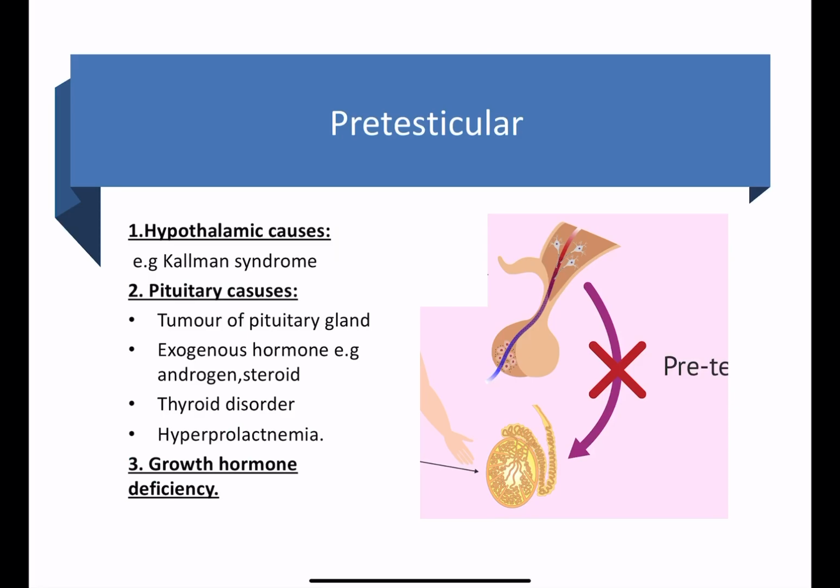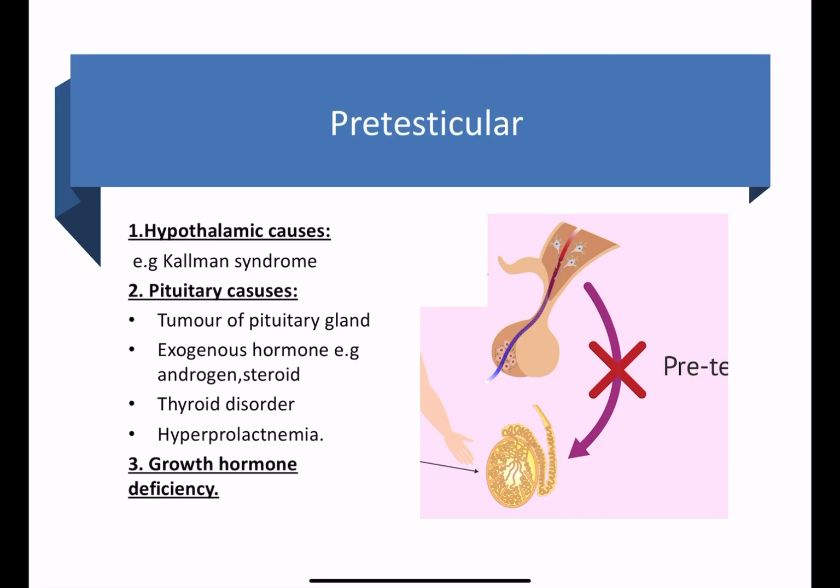Regarding pretesticular causes, as we said, the cause lies either in the hypothalamus or in the pituitary gland. In the hypothalamus, for example, Kallmann syndrome. In the pituitary, for example, a tumor of the pituitary gland. Number 2, exogenous hormone, for example, androgen, in those athletic patients who take androgen or steroid.